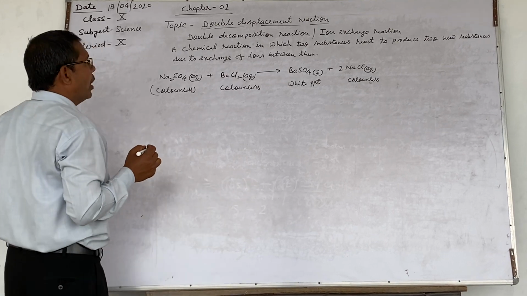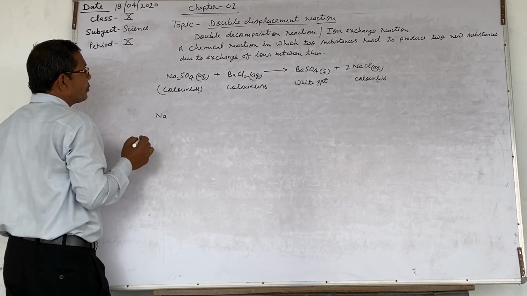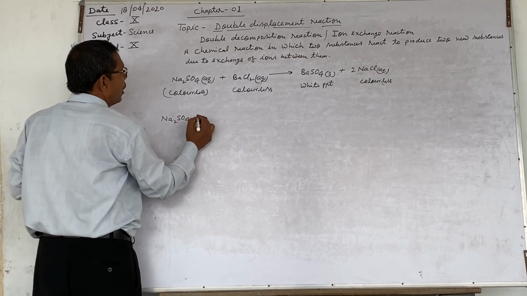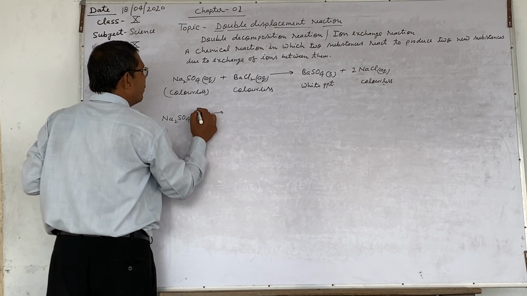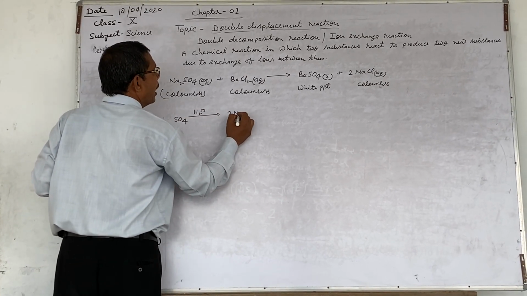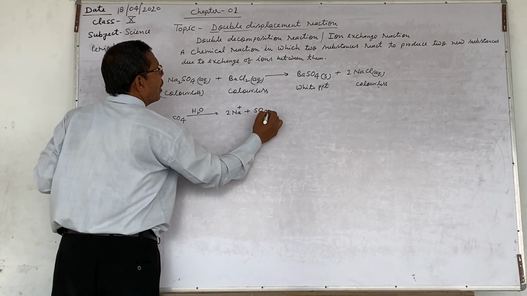See, in this reaction what happens really? Sodium sulfate reacts with water to produce sodium ion and sulfate ion.